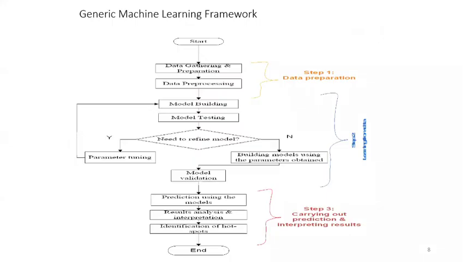I remember we showed this last time. These are standardized, though of course there's always room for a little bit of modification here and there. You start with gathering the data, pre-process the data, model building, model testing, tuning of the parameters. This is what we call the data preparation stage, which can have several things.